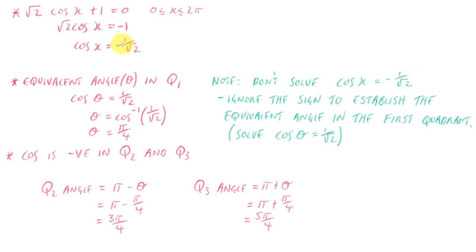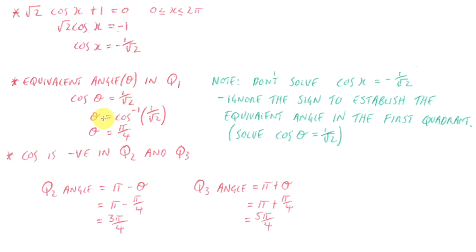Even though this is a negative, I ignore that. So I'm trying to work out what theta is when cos theta is equal to 1 over the square root of 2. What's the angle that when we throw it into cos will give us 1 over the square root of 2? You can see it's slightly different. We ignore the sign here.